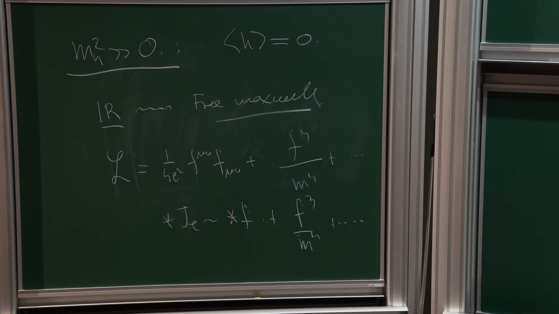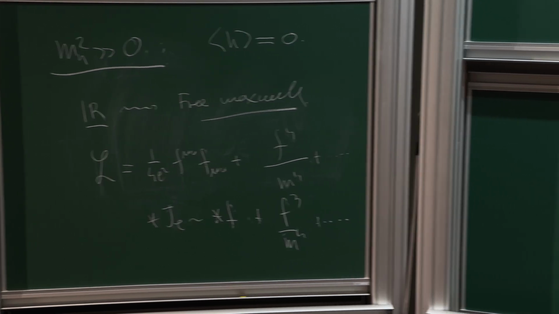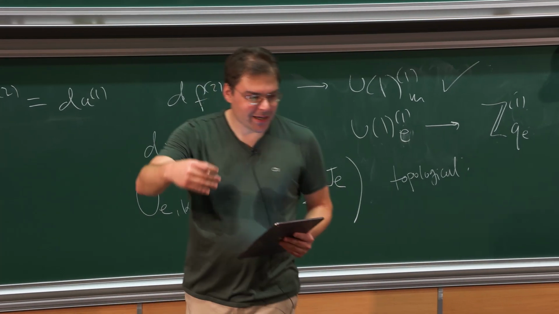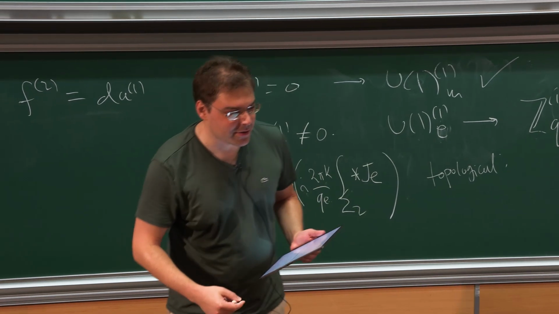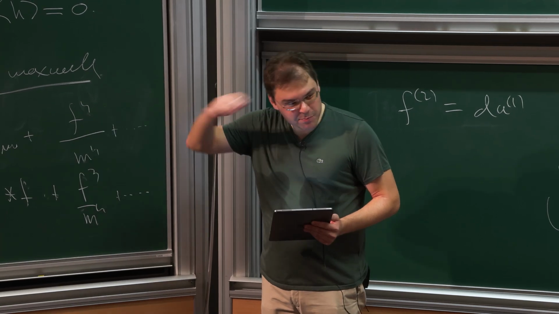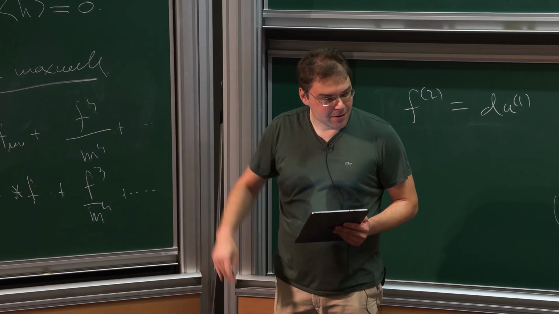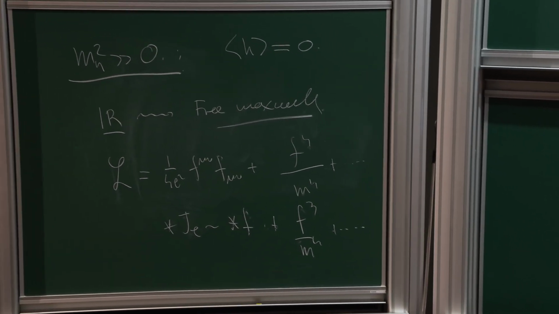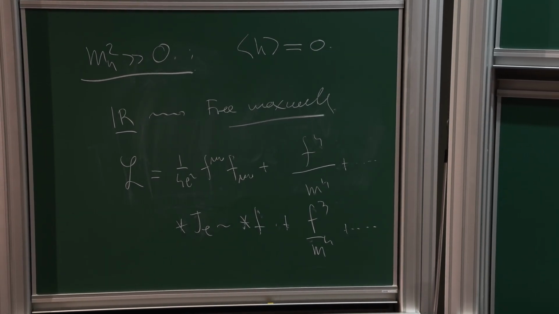But it actually tells you something. What it tells you is the following. Normally, if you have a higher derivative operator in the low energy effective action that breaks the symmetry, it means that the breaking is a power law effect in the low energy theory. What this tells you is that the breaking is actually exponentially small. And exponentially small effects are not captured by the low energy effective theory. So it's a pair production that is.